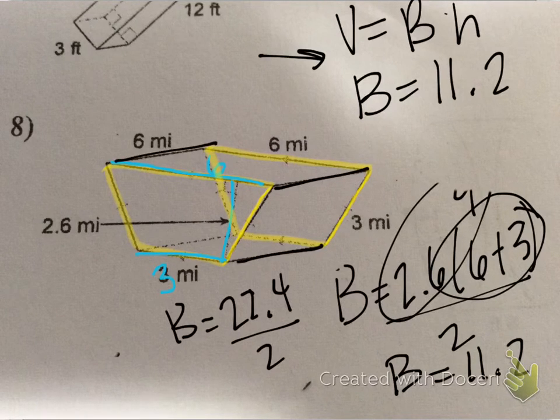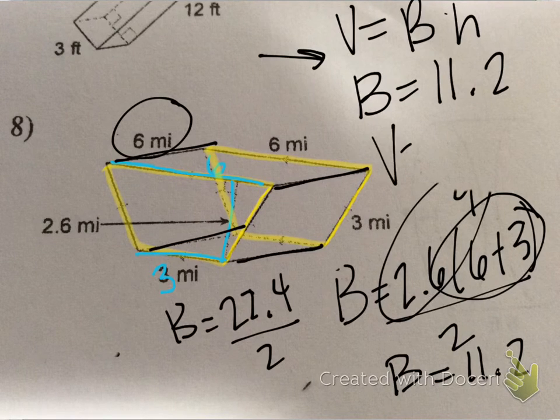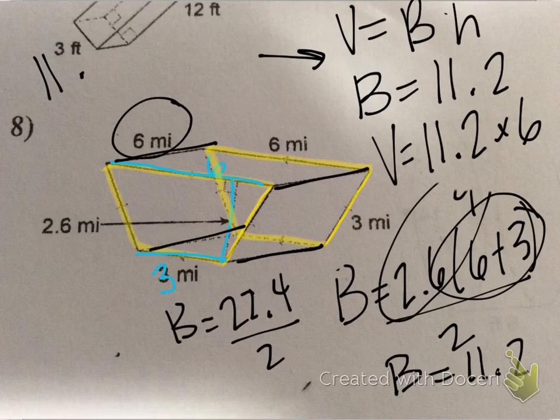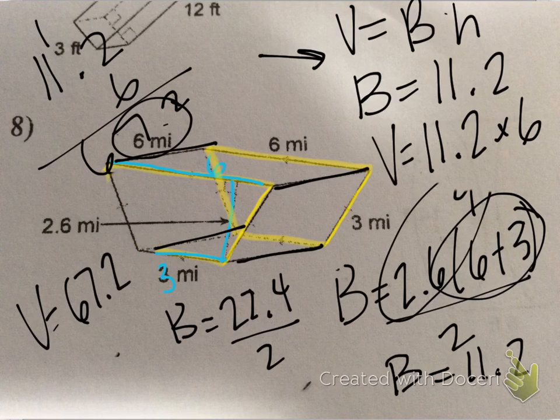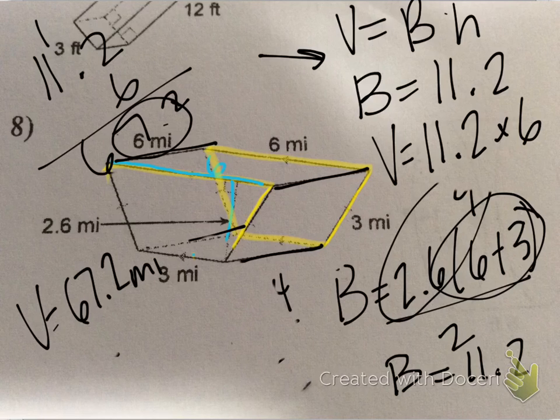So this is the piece connecting them, which is 6. So volume equals 11.2 times 6. And I believe, let's see, just to be sure, 67.2. So volume equals 67.2. And those are miles cubed.